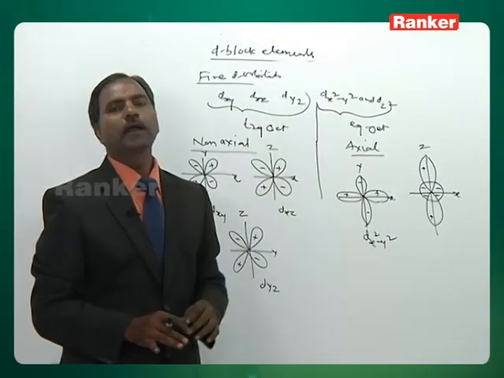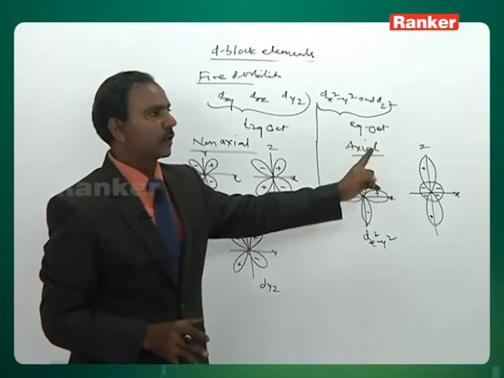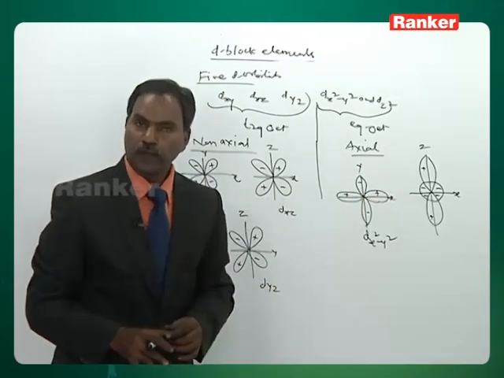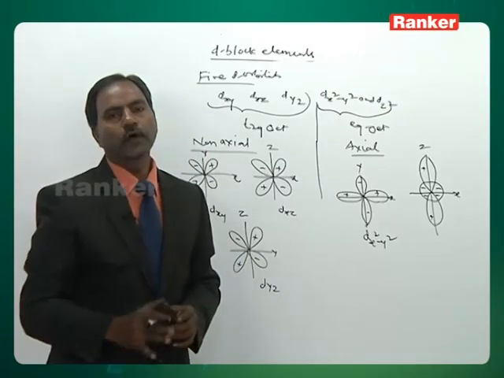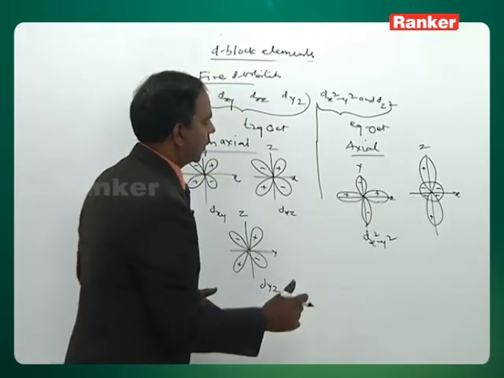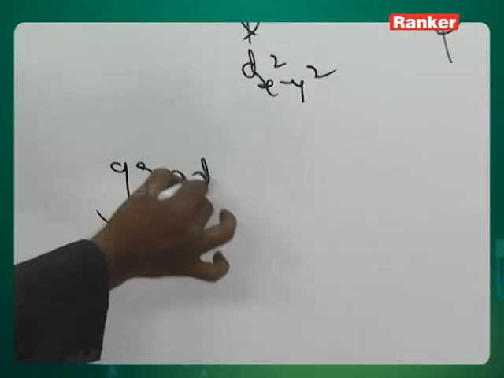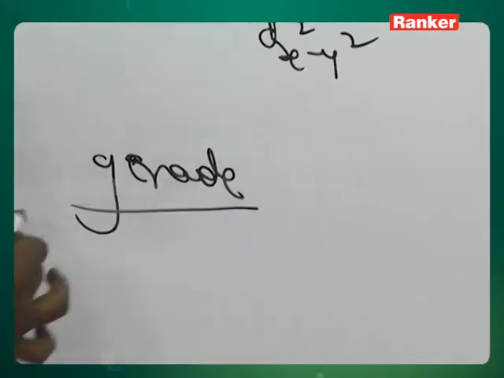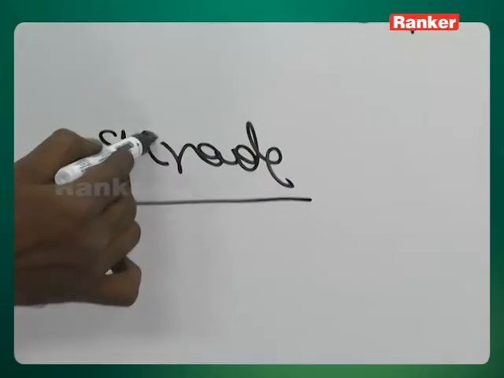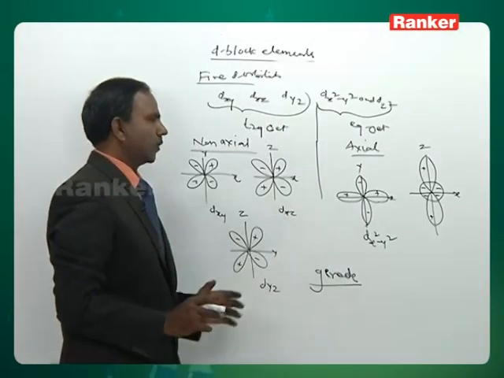We can easily cut these orbitals into two equal halves. Therefore, they are symmetric. Therefore, all the d orbitals we can call as what? Gerade. Gerade means symmetric orbitals.